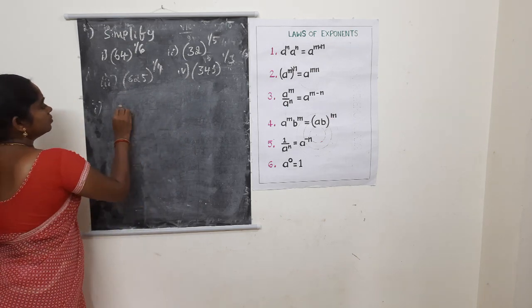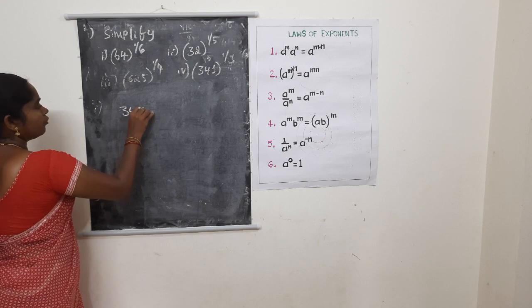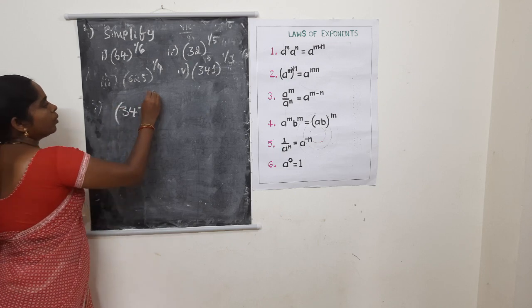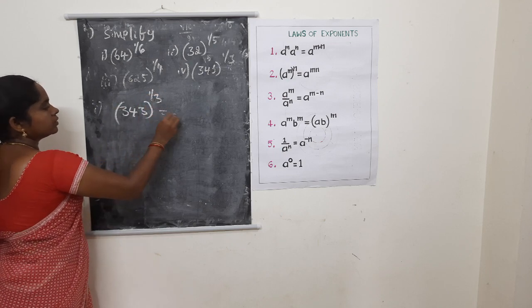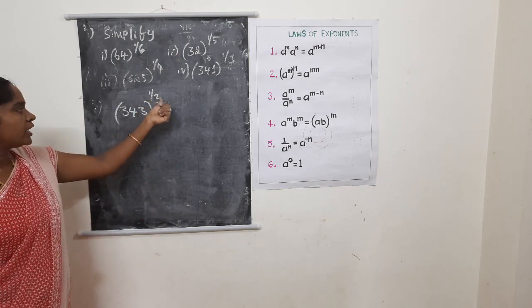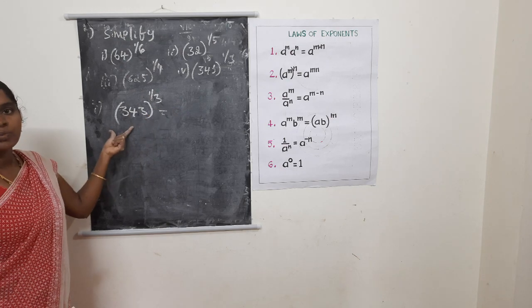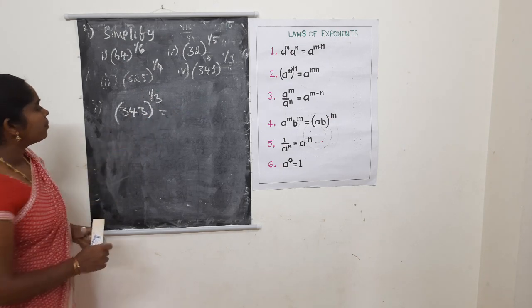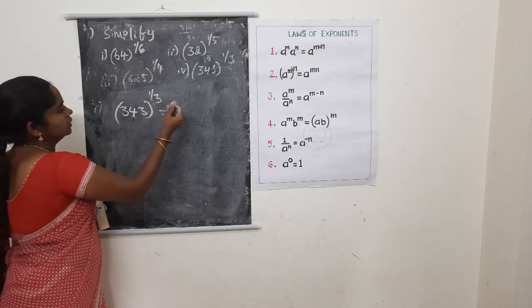Next problem: 343 whole to the power of 1 by 3. This is the base, this is the exponent. In the exponent, the denominator value is 3. The base should be written in terms of power 3.